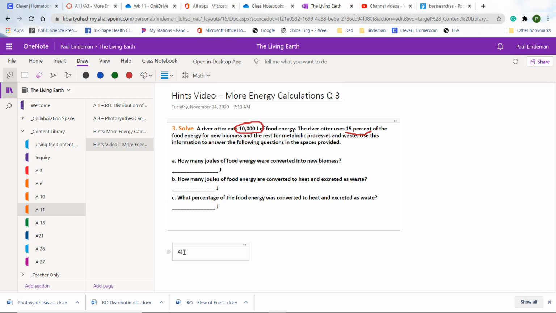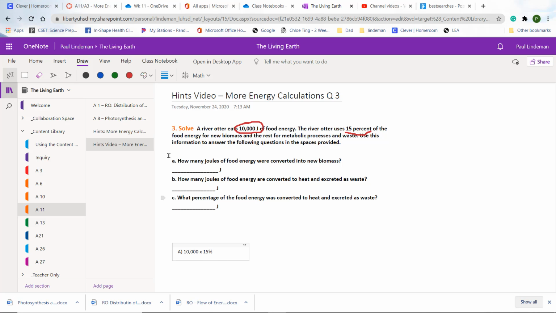So for A, we have our 10,000 joules, and we're going to multiply that by 15%. We can't multiply by that unless you have a calculator that does that. We have to change it from a percent into a decimal.